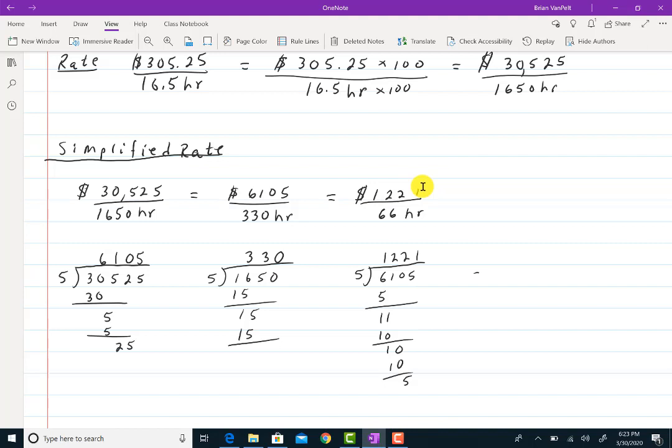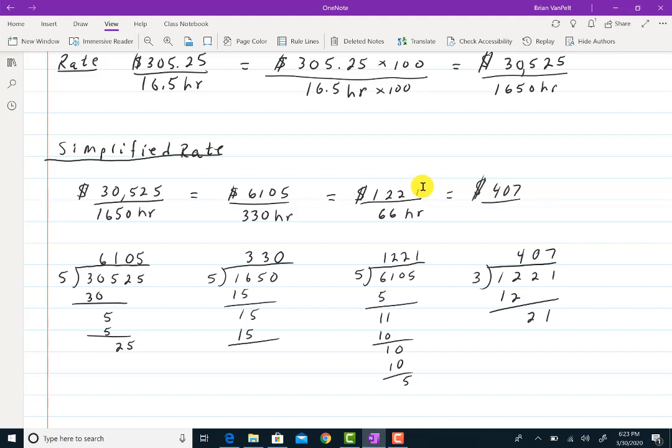So let me go 3 into 1221. 3 goes into 12 4 times, and I'll bring down the 2. 3 does not go into 2, so since it was brought down, I have to put a 0 there. Bring down the 1, and 3 goes into 21 7 times. So I'm left with 407.